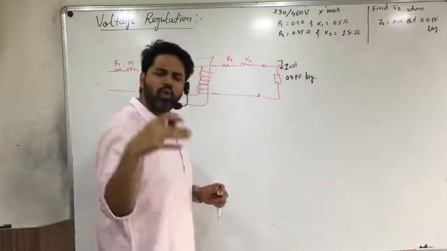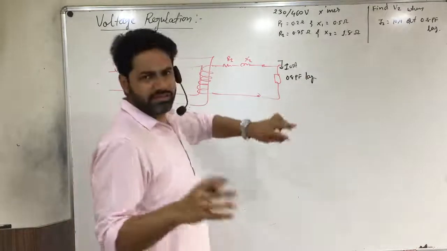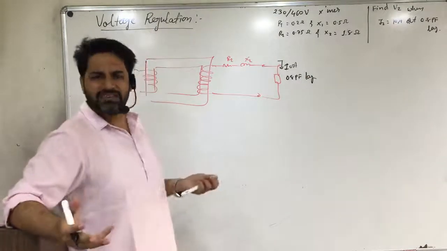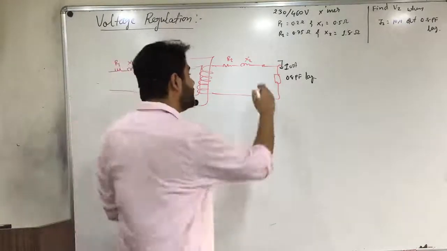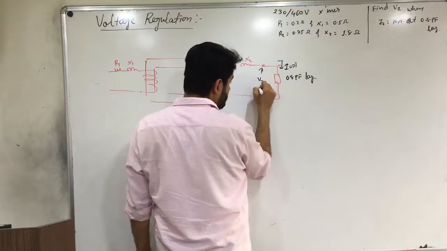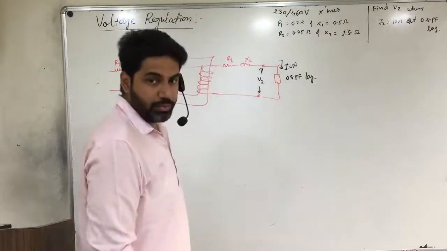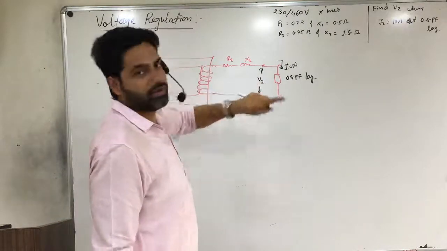You can model your load as an RL series circuit. That's why it is taking 10 ampere current, and naturally some voltage would be here. You are supposed to calculate the value of this voltage.